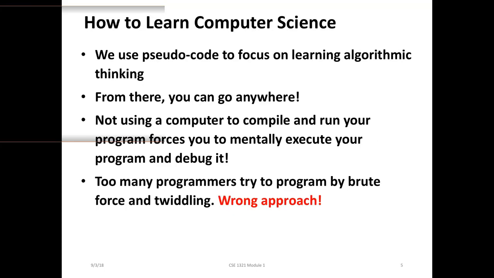So the question is, how to learn computer science? We have to start computer science by learning algorithmic thinking. That means we have to know how a computer works, or not only a computer, how a device, how a machine works. But many programmers, many people, start learning programming in the wrong way.